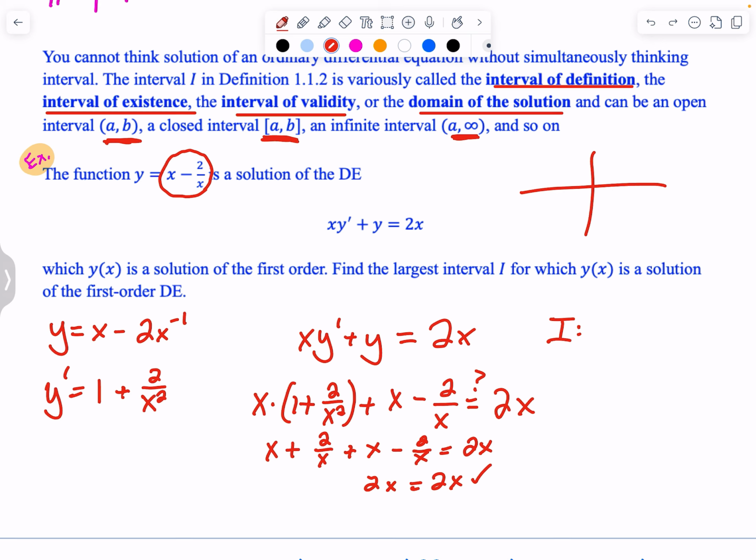So if it was like this, then the biggest interval that it would work on would be 0 to infinity. I could have also chosen negative infinity to 0, but not both. This is the largest interval, and really there's no difference in size between 0 to infinity and 0 to negative infinity. Infinities get weird when it comes to size, but we'll just try to always pick the positive one if it doesn't matter. All right, so there's I.